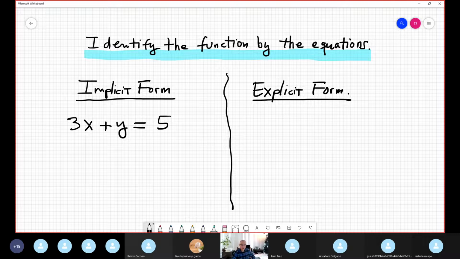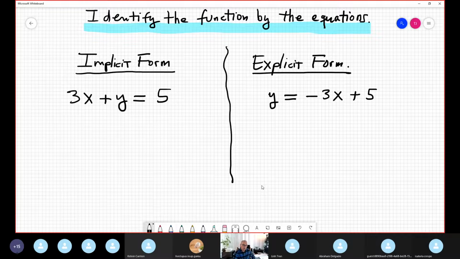However, explicit is more clear, and this is super important when you need to identify if this equation corresponds with a function. You need to write an explicit form. And explicit is always when you solve for y. So you put y alone, isolate the y: y equals minus 3x plus 5. Do you understand the difference between implicit and explicit?